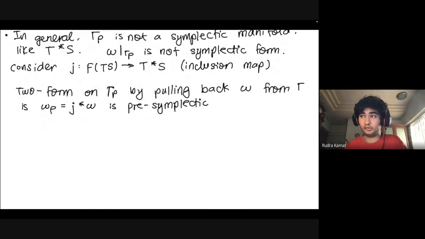A symplectic form was bilinear and non-degenerate.